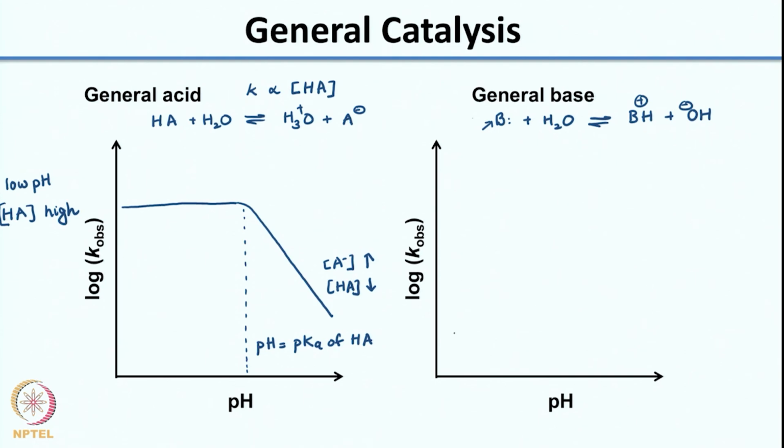So, what you would see would be that it will slowly increase, right, as you increase the pH, and then there will be a point at which it will become unchanged. So, that means BH plus has completely dissociated to B at this point.